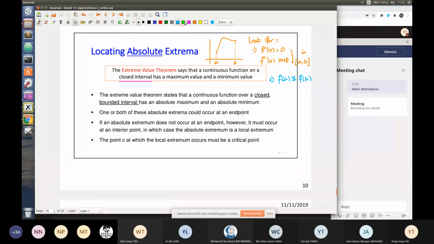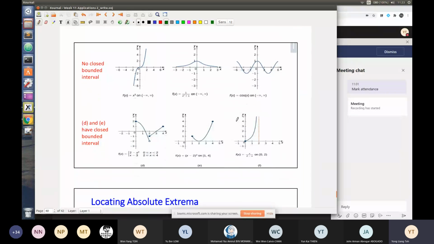Then finally, compare. The lowest value will be your minimum, and the highest value will be your maximum. Those are known as the extrema, or absolute extrema, when your function is defined on a closed interval. Let's look at some examples to demonstrate these two steps in a while.